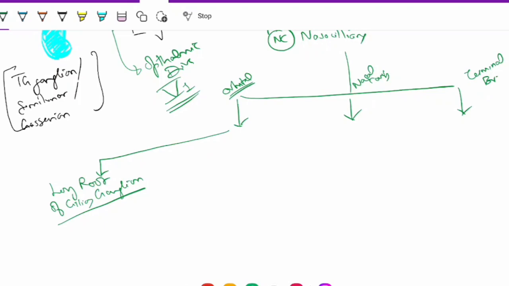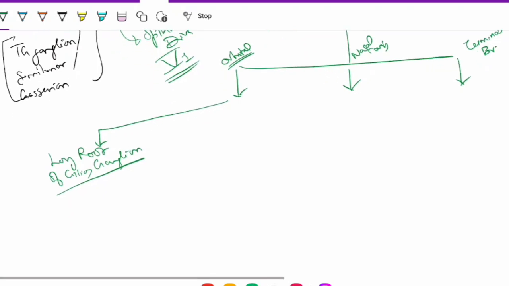Also, it receives something very important. If you remember, third, 7, 9, 10, I have explained this as craniosacral outflow, that is, the parasympathetic nervous system responsible for involuntary actions of the human body. I am revising this because it's going to play an important part here. So let us look at the long root of the ciliary ganglion.